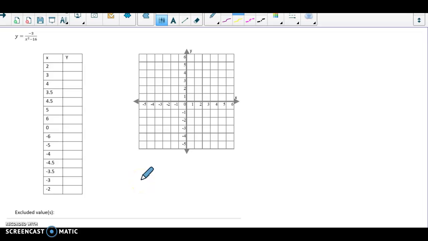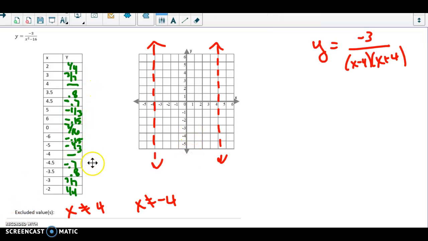Please pause me so that you actually get a chance to put these in and try to graph it on your own before you look at what I did. Okay, these are some not so nice numbers, I realize that. But hopefully you saw that you actually have two excluded values, 4 and -4.